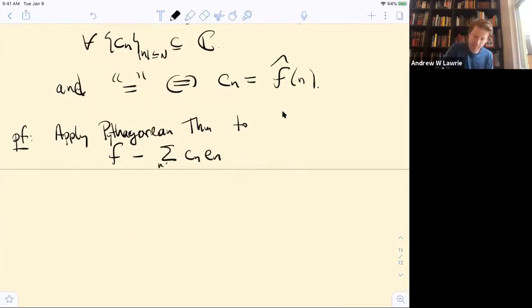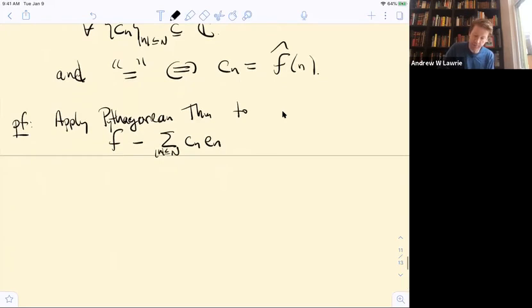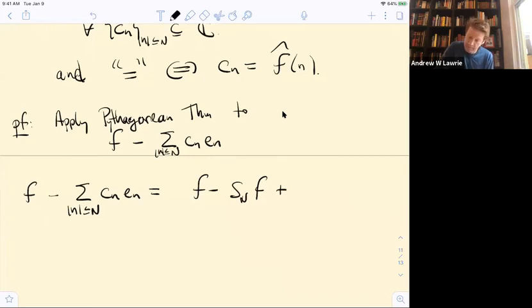I take this to be a trig polynomial of degree capital N, and I can rewrite this. So f minus this sum is equal to f minus S_N f, plus the sum over n less than or equal to capital N of (f hat n minus Cn) En.